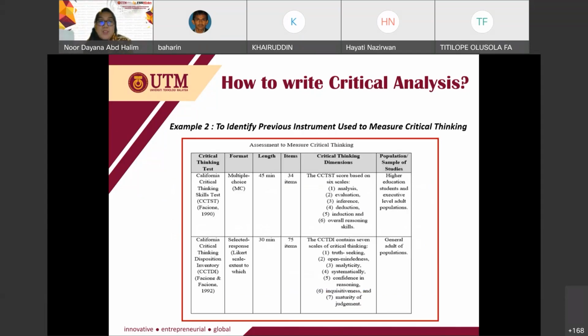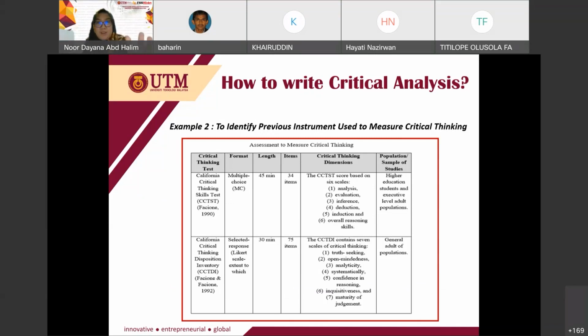And then this one, to identify previous instruments used to measure critical thinking. In this context, Dr. Nadwa told me that there are many instruments used by other researchers to measure critical thinking among students. It's from Perkin and Murphy, Wana, I don't remember.